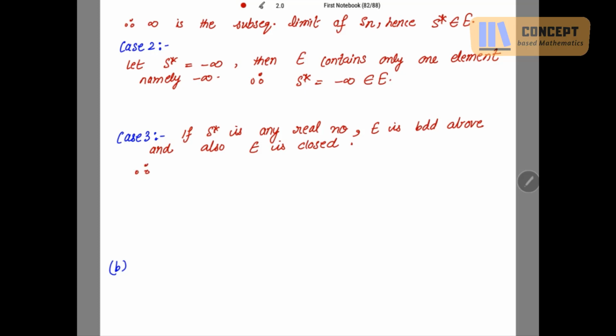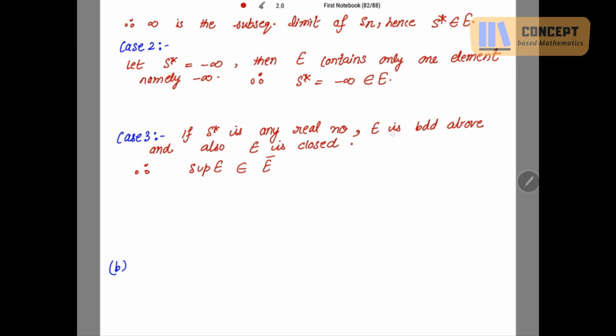Now E is closed. Now what is the supremum of E? Can we say that the supremum of E belongs to E closure? Yes. What is E closure? E closure is E union the derived set of E. E is the set and E dash is the set of all the limit points of E. Their union is taken to be the E closure. So obviously the supremum of E is an element of E closure.